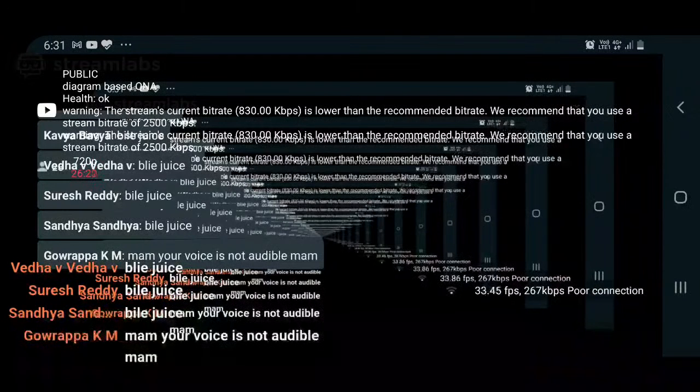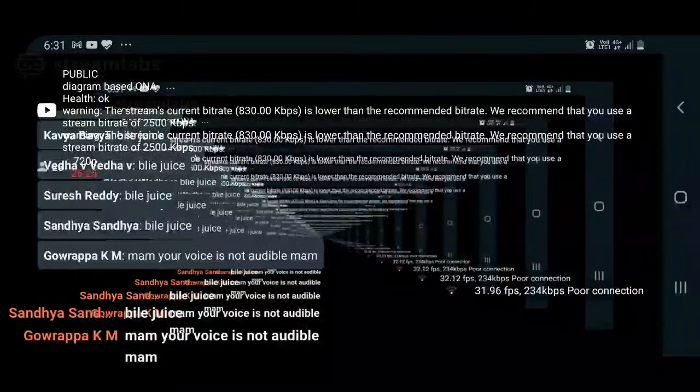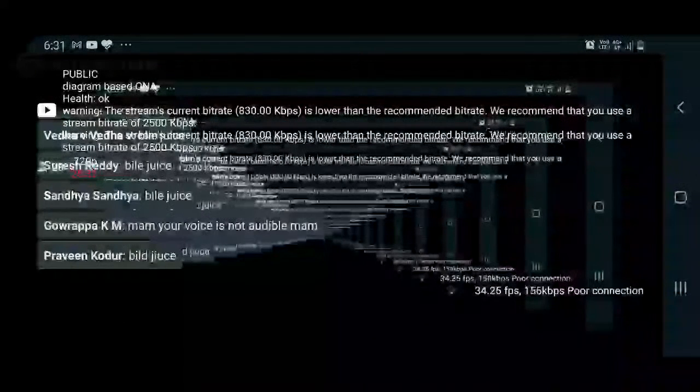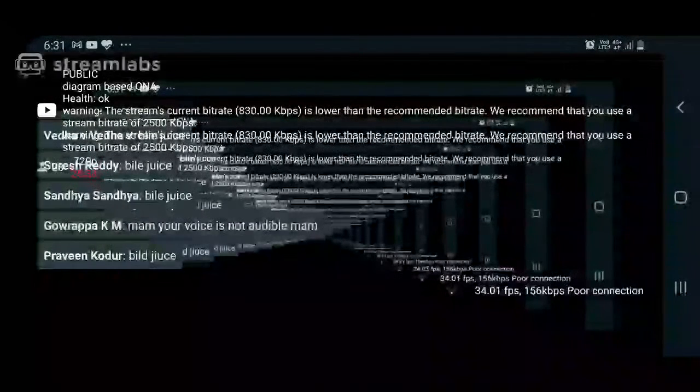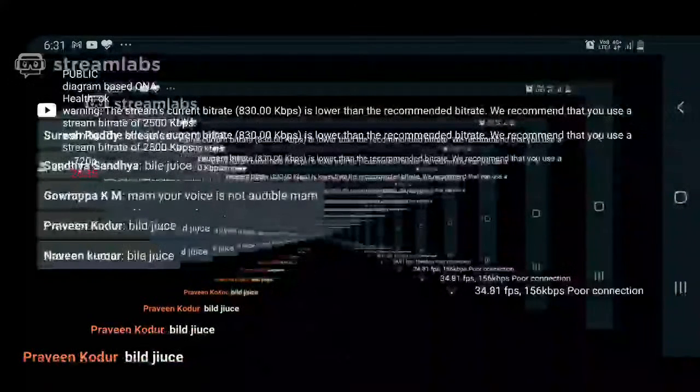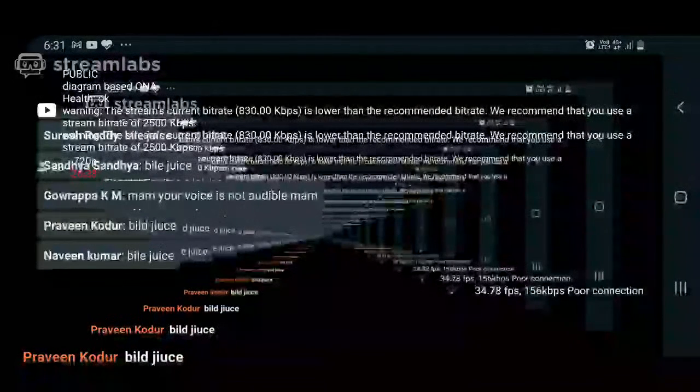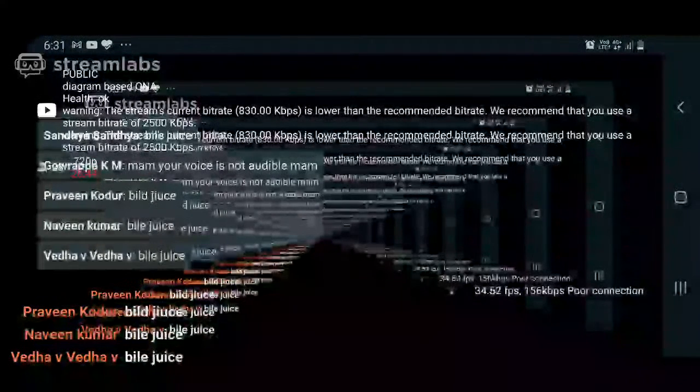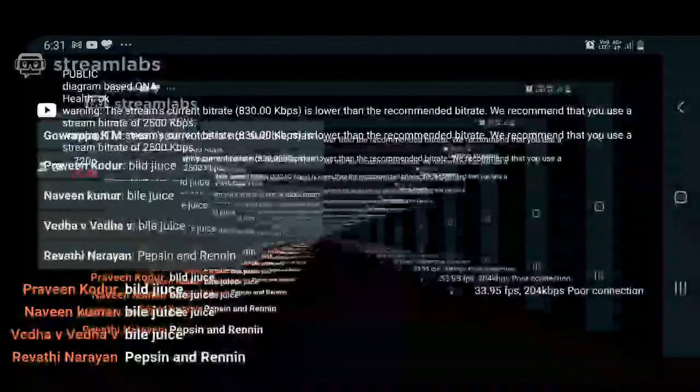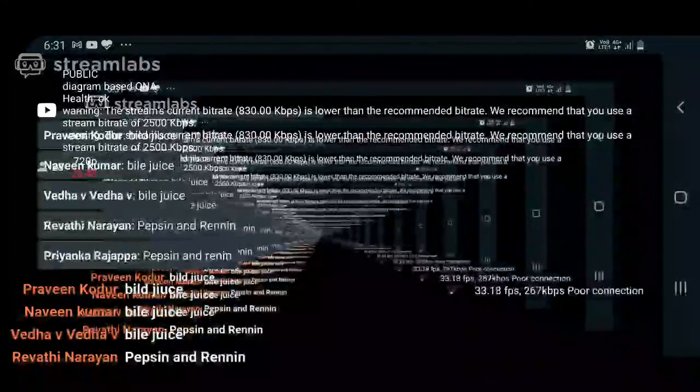What are the names of enzymes synthesized in stomach? Yeah, bile juice is correct, but spelling mistake. Praveen Kodar. Spelling mistake.